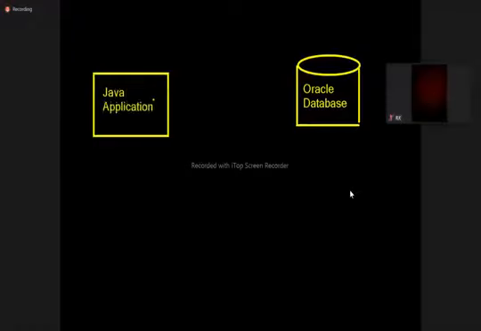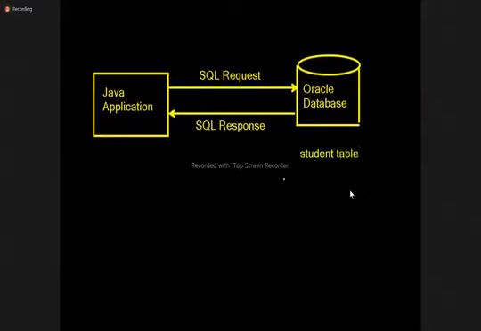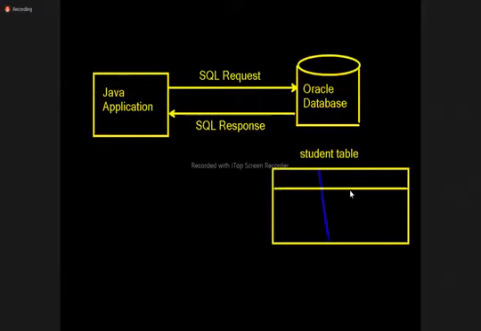From the Java application, we'll send SQL requests and we'll get SQL responses. Now, suppose on the student table, assume three records are there, with three fields, three columns.